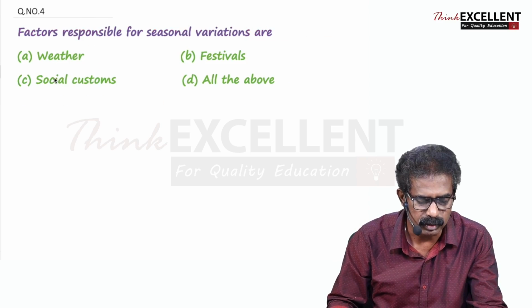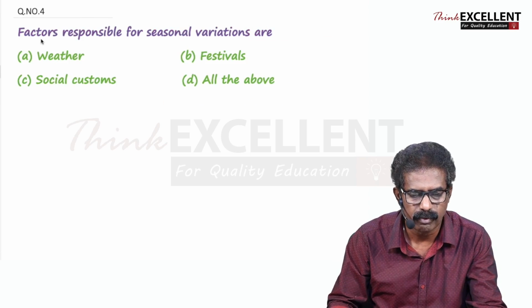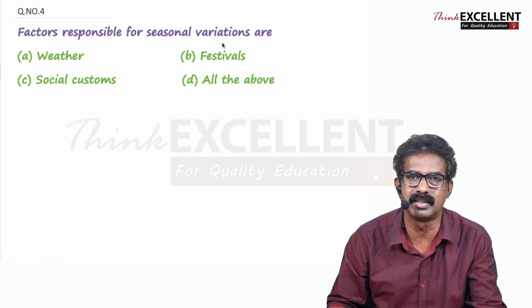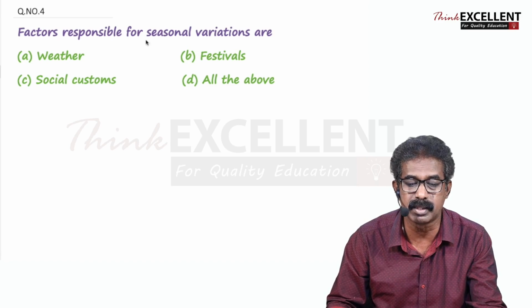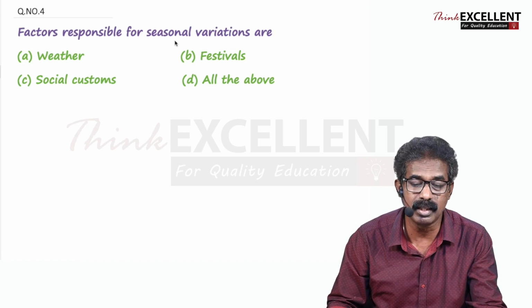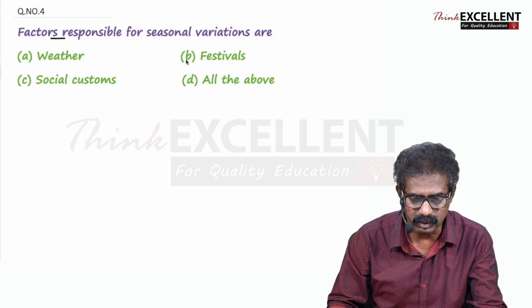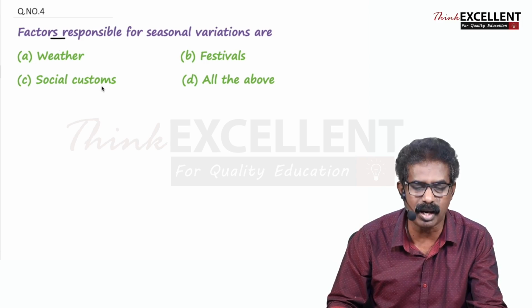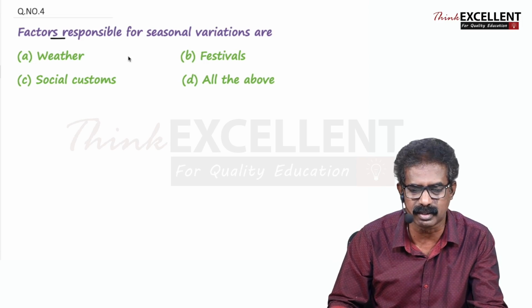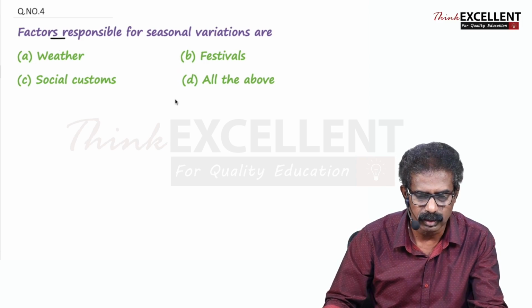Question number 4: factors responsible for seasonal variation. What are the factors? Weather, festivals, social customs, all these are factors responsible for seasonal variation. So here the answer is all the above.